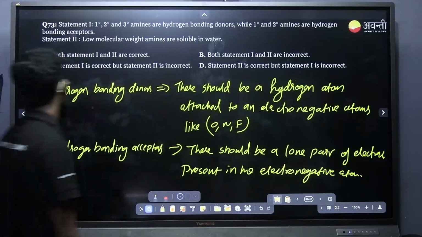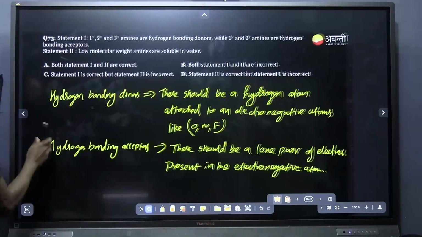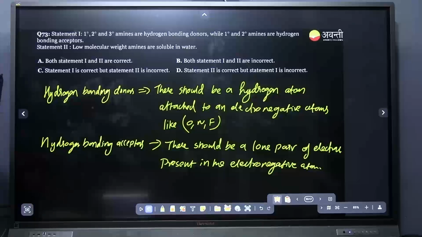This is the condition for a compound to be a hydrogen bonding donor and hydrogen bonding acceptor.